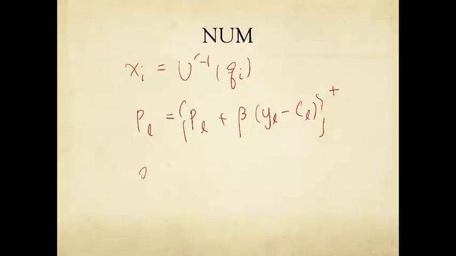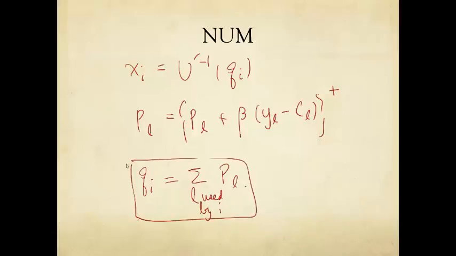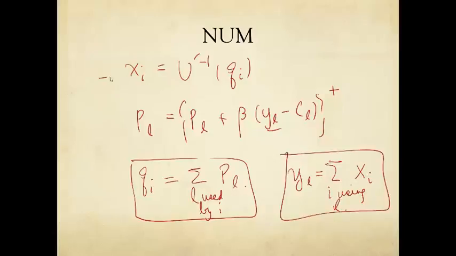Again, remember the shorthand notation, Qi is the sum of all those link prices along the links used by source i, and we'll also use the shorthand notation YL, the summation of the source rates coming from the sources i using link L. So with this shorthand notation, I'm just summarizing what we just derived in the last module.